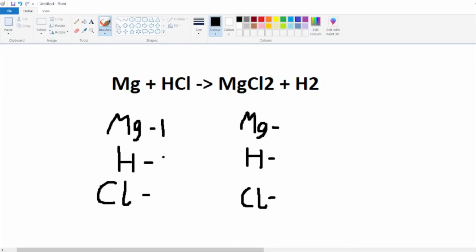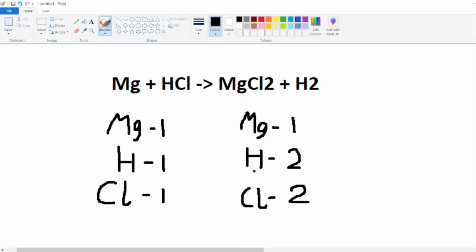So we have 1 of each atom on this side, and on this side we have 1 of this, 2 hydrogen and 2 chlorine. Again, we need to balance it because we can't create or destroy any atoms according to the law of conservation of mass. We need the same amount of atoms on both sides.